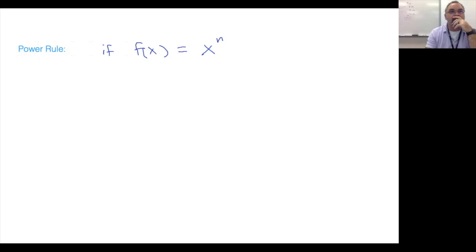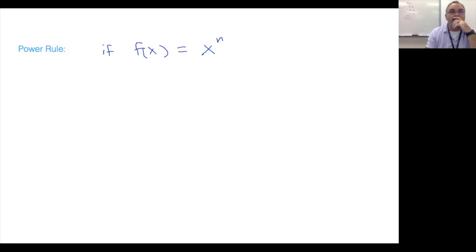So I think it's important to remember that if f of x is x to the nth power, then the power rule is really just taking the limit definition of a derivative and going through that whole process with our function x to the n.